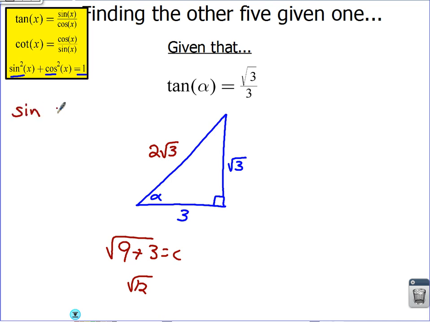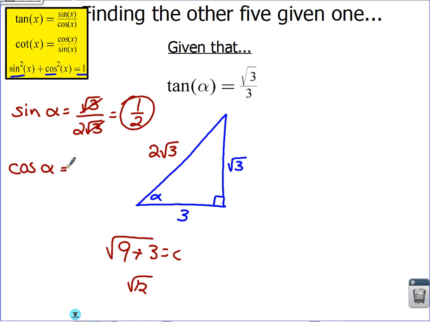So therefore, the sine of alpha, opposite over hypotenuse, is root 3 over 2 root 3. You can divide radicals. Root 3 divided by root 3 is 1. So you're left with 1/2. The cosine of alpha. Now from there, if you'd like to, I don't know why you would, because you've got your triangle, if you wanted to use your identities up here, you could.